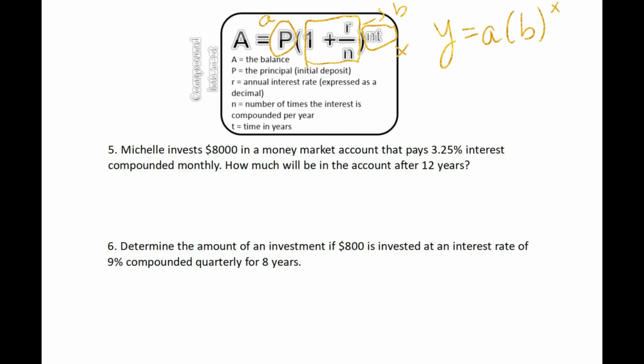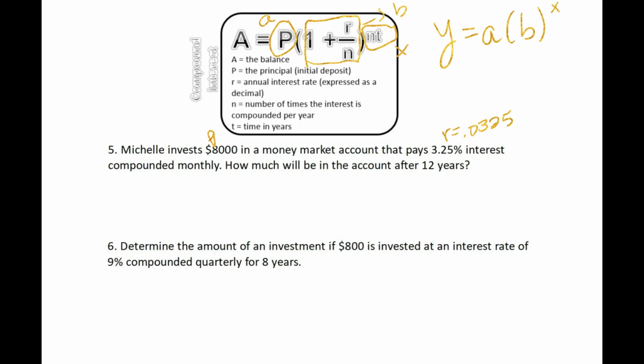So Michelle invests $8,000. Clearly, that's the P. In a money market account that pays 3.25% interest. Clearly, that's your R. And your R as a decimal, move that over twice, will be 0.0325.